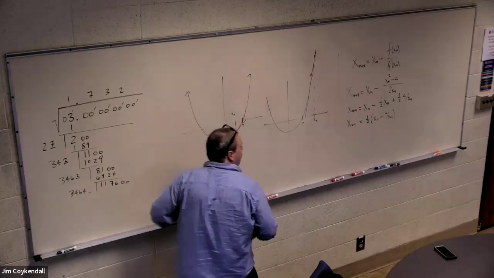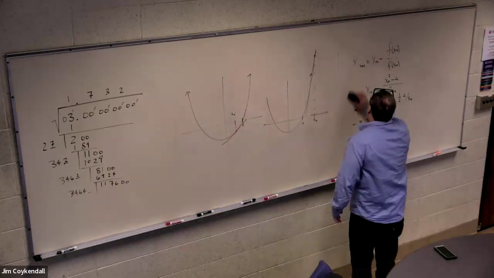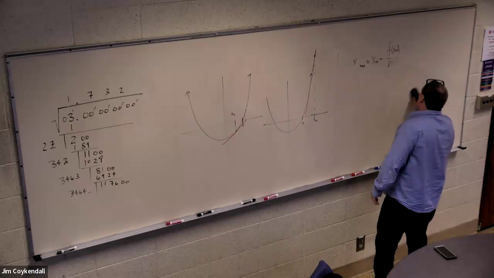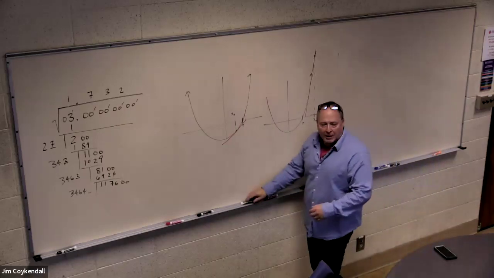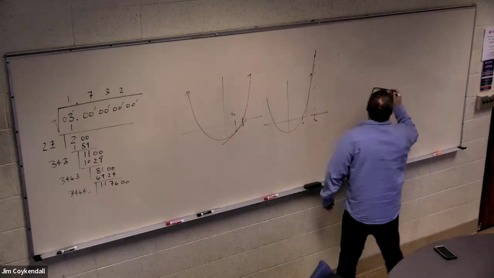You sometimes have to take care with Newton's method. Not only is it possible for you to hit a place where the derivative is 0 and then you've got problems, but other things can happen.